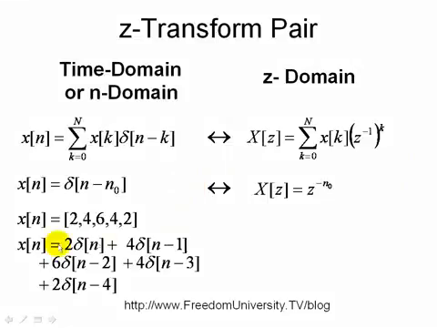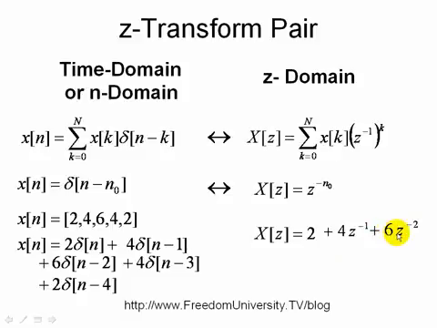Now let's find the z-transform of this. The z-transform of this first term is simply 2 if we apply this formula here, which is really this formula in general, but we can use this as a baseline for each impulse. So here we have a delay of 1, so that implies 4 z^-1. For 6 we have a delay of 2. Notice we have the same 6.